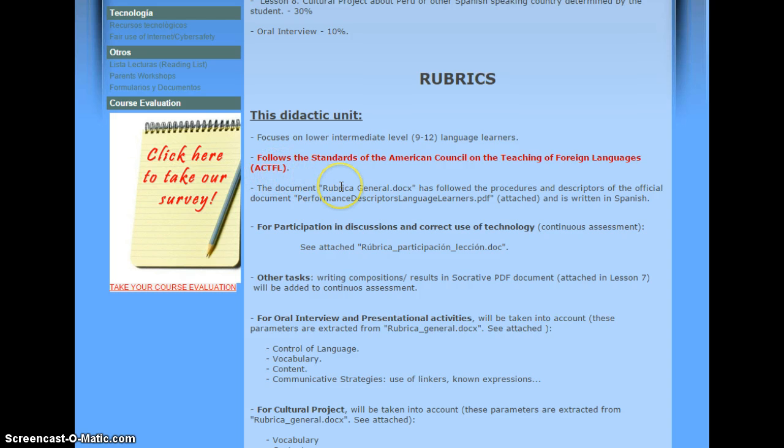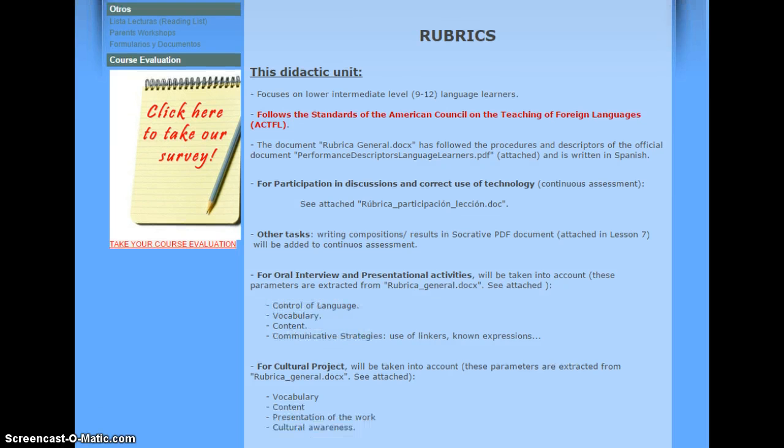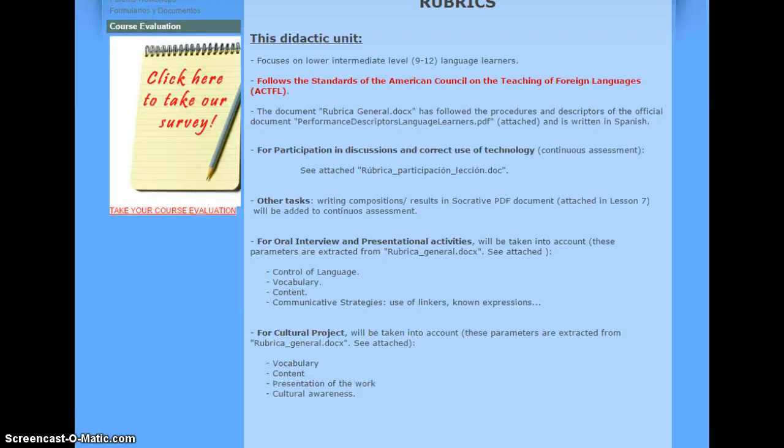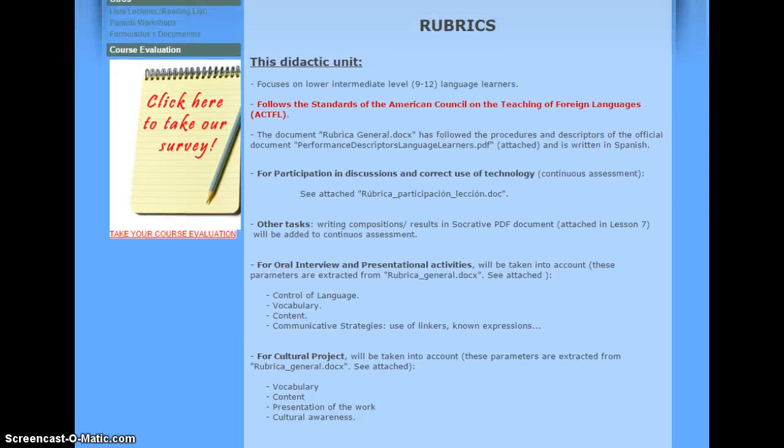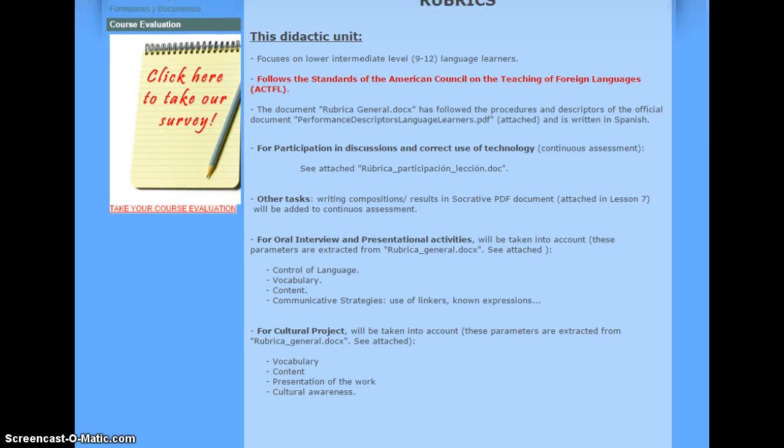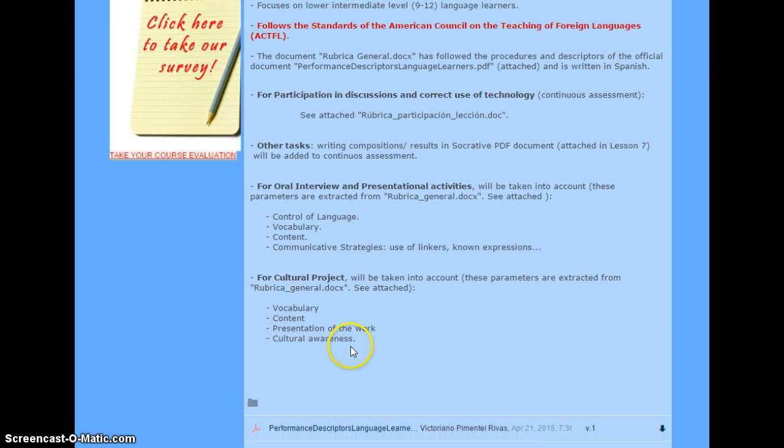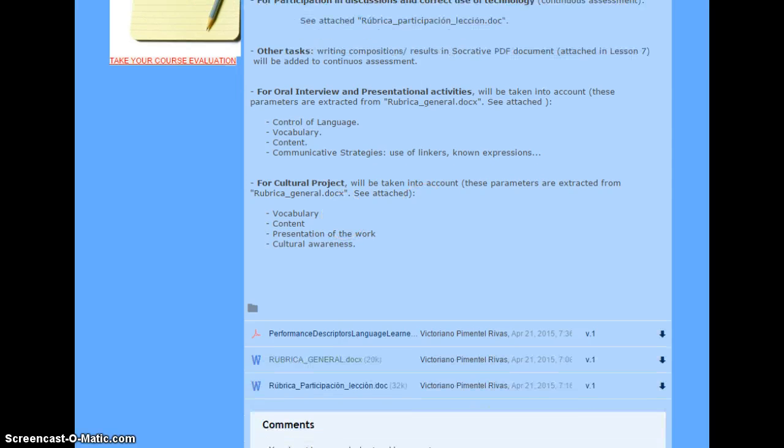I learned this in methods of teaching in my previous course, and we followed this for measuring the different skills in the 3 modes of communication: interpretative, presentational, and interpersonal. For the cultural project, I follow, as I said before, a general rubric. Everything is attached here.